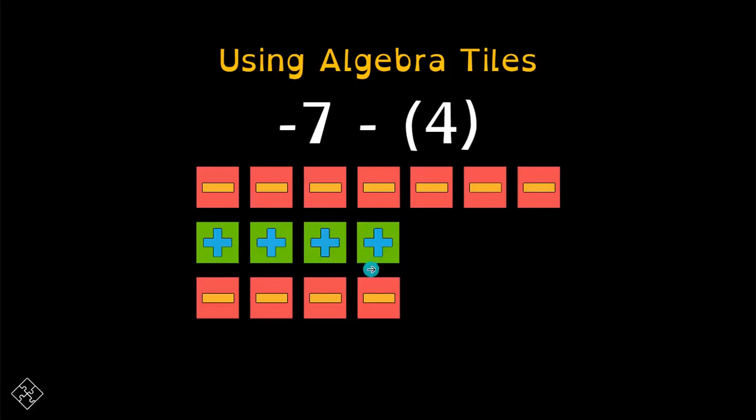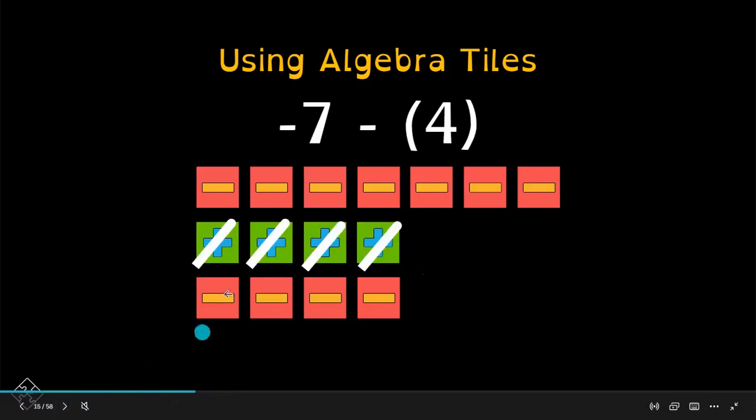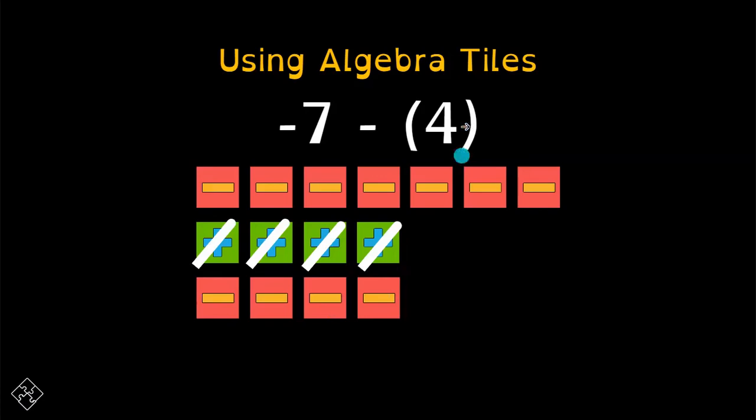Next is isusubtract natin yung 4 na positive tiles because the subtrahend here is a positive integer. So tatanggalin natin dito yung positive tiles. So, meron tayong 1, 2, 3, 4 na tinanggal at bibilangin natin yung mga natirang tiles. Ilan kaya yung natira? Ang natira ay 1, 2, 3, 4, 5, 6, 7, 8, 9, 10, 11.